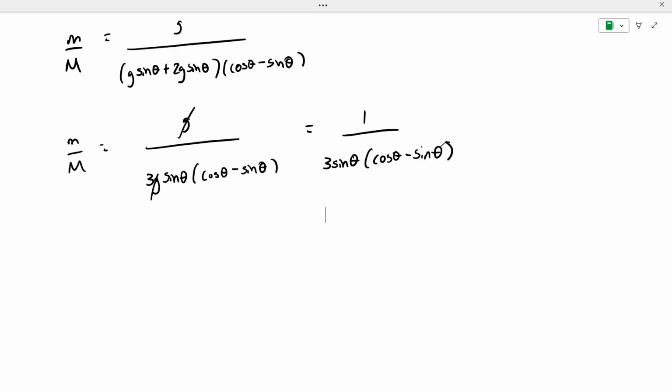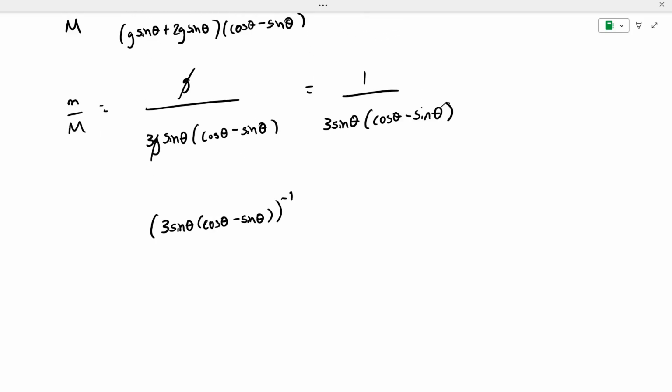Okay, so let's rewrite this as 3 sine theta times cosine theta minus sine theta, to the power of -1. Now we can use the chain rule. -2, and then the derivative of the inside function, which is going to be pretty long, but okay, it's going to be a product rule.